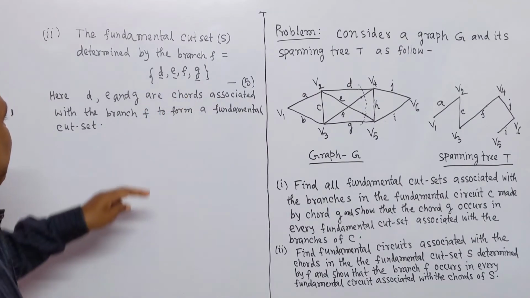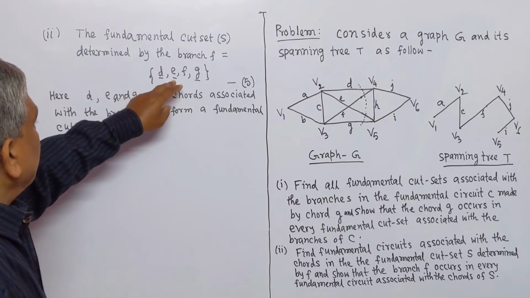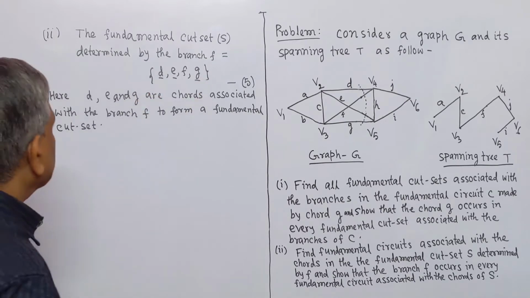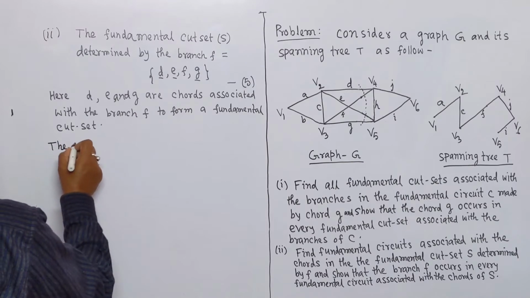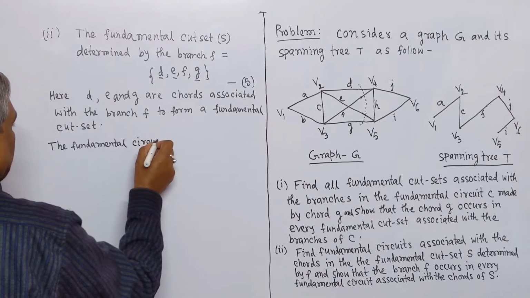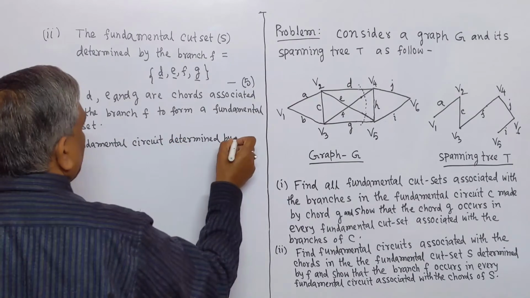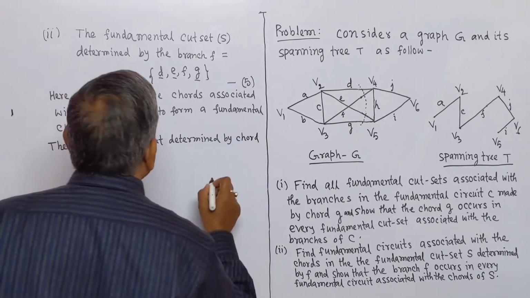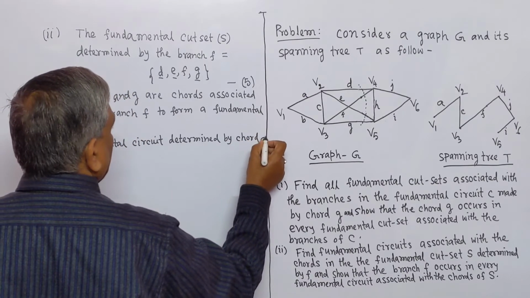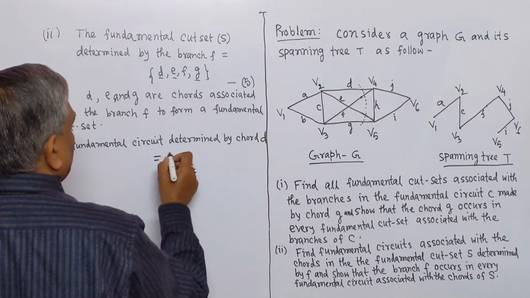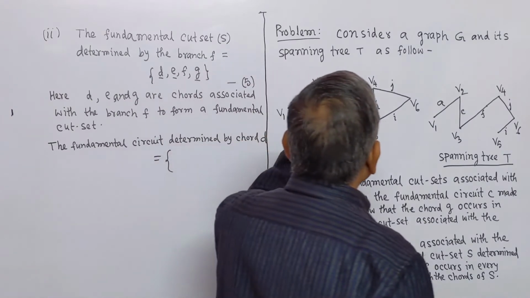Now we have to find the circuits determined by D, E and G. The fundamental circuit determined by chord D: here D is the chord.